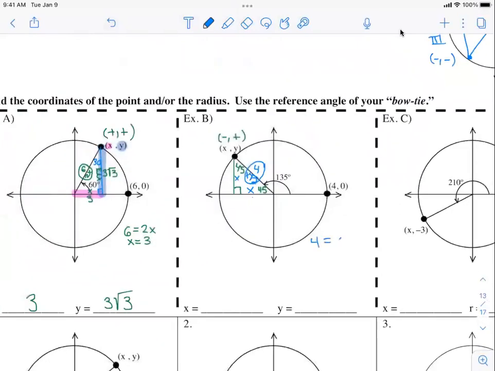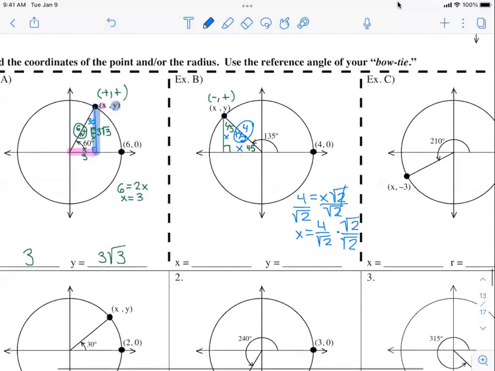So 4 equals x root 2. When I solve, I'm going to divide both sides by root 2. So x equals 4 over root 2. Can't have a root 2 in the denominator. So I multiply by root 2 over root 2, which gives me 4 root 2 over 2. And 4 over 2 is 2 root 2. So x ends up being 2 root 2.